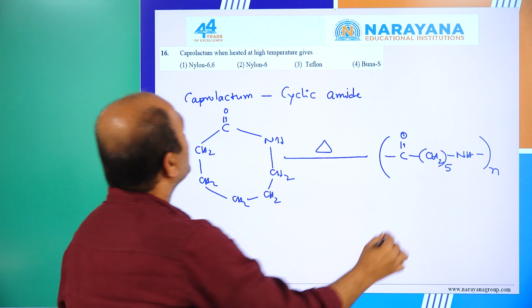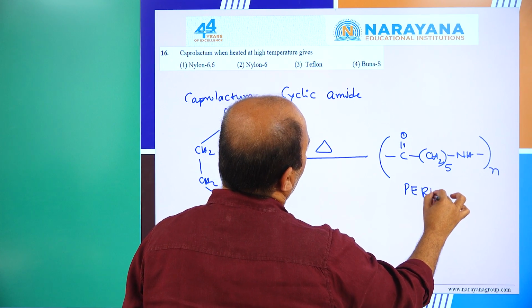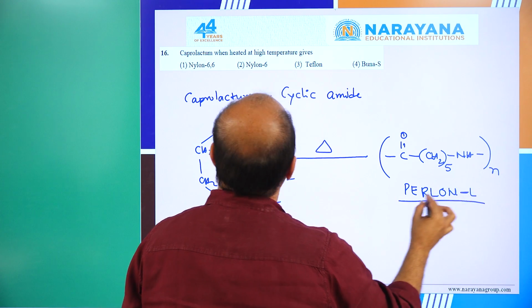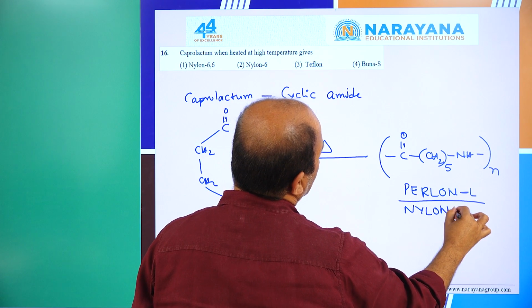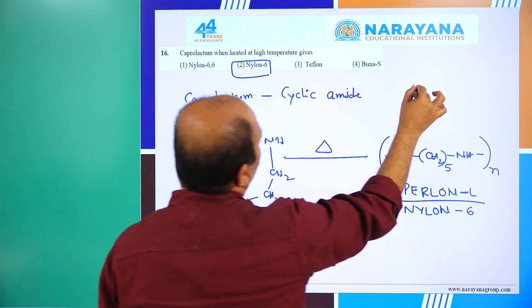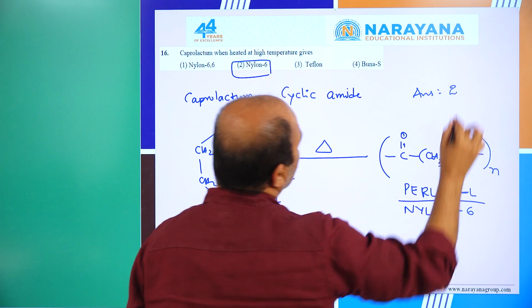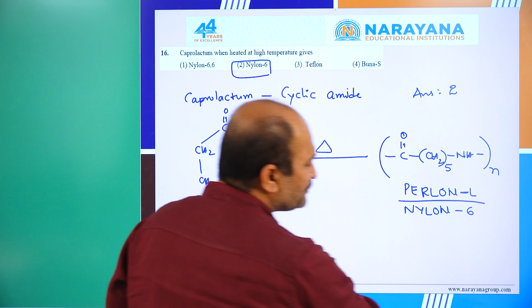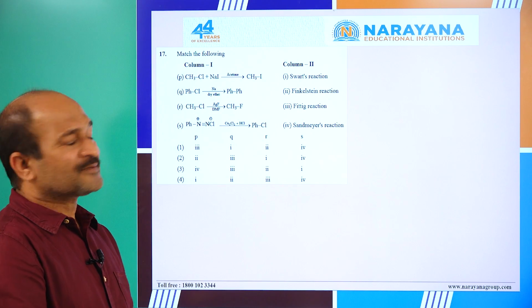This is also called Perlon L. This is also called nylon 6. So the right answer for this question is 2. All these questions are memory based. So among the memory based data we are explaining the questions. Go for the next question. And it is also a data based question.